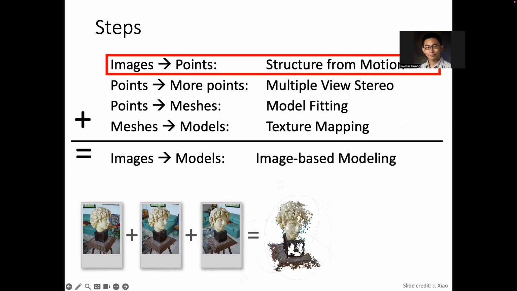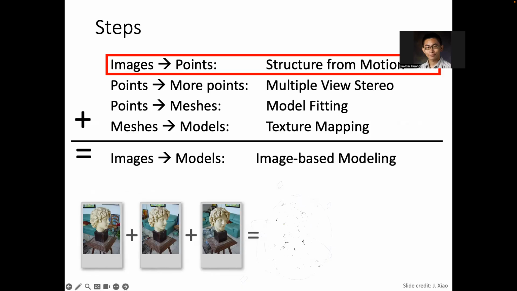Now, the next step is this: once you have these points, they only come from the seed features, which means that they are very sparse. But I want to make sure that I have dense coverage.